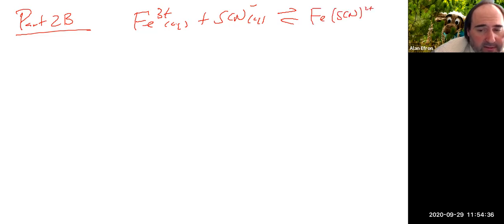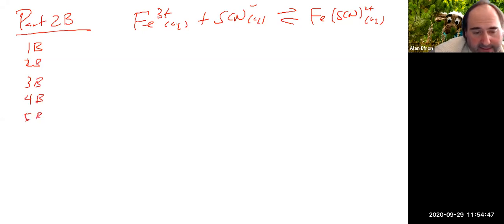We're just going to do this reaction with 7 different test tubes labeled 1B, 2B, 3B, 4B, 5B, 6B, and 7B. And we're going to get the absorbance values for each of these at room temperature.